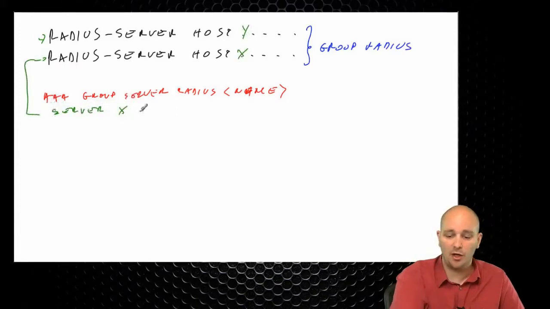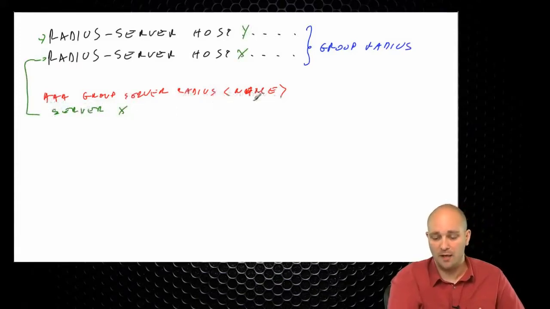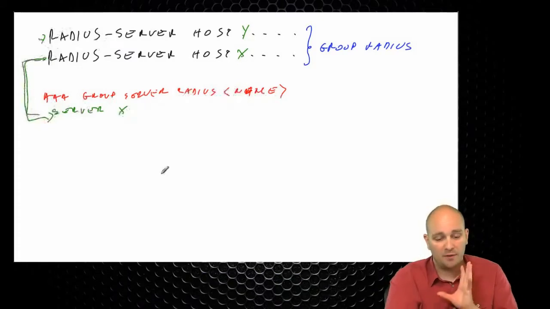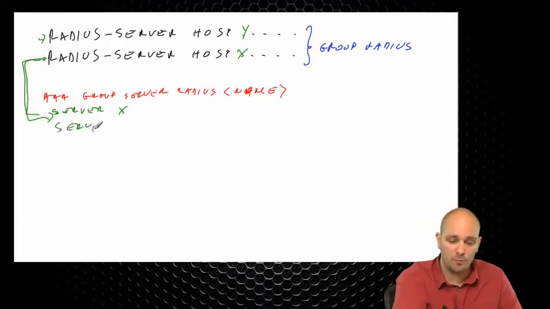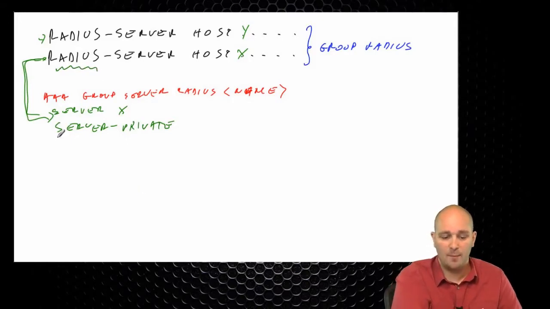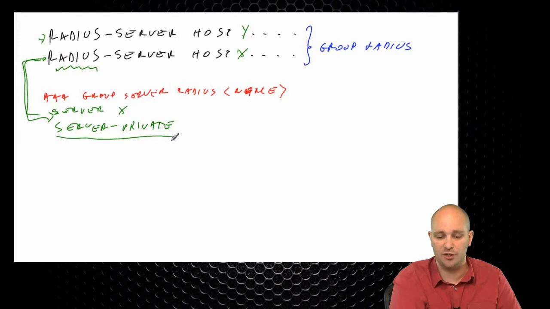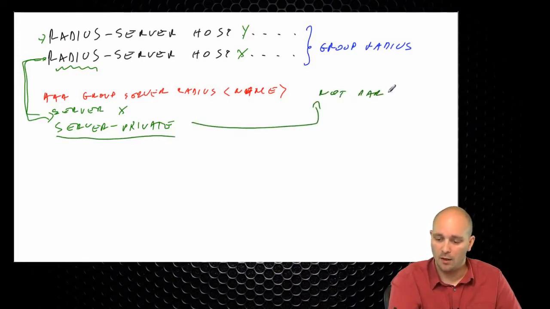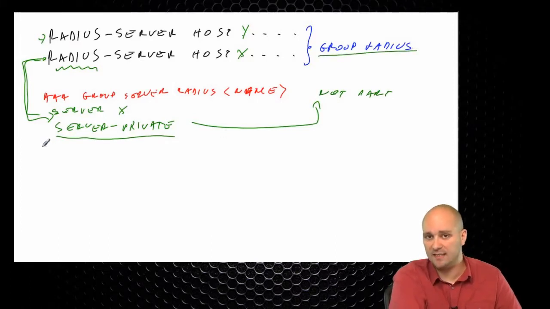That means that as part of this group name, one of the globally defined radius servers is going to be part of this group. But we can also define the server that is going to be just available in this group, which is server private, which has very similar syntax to what we have in the global configuration, but these privately defined servers are not actually part of group radius. They are only defined within this private group.